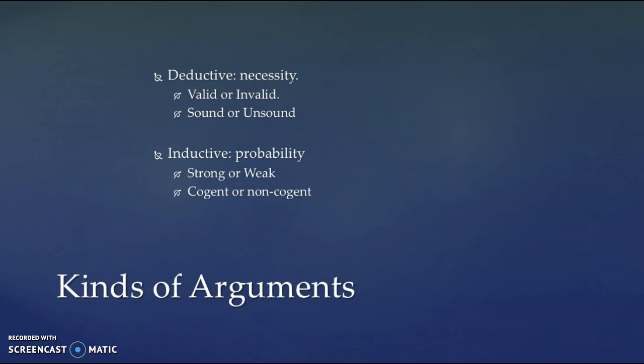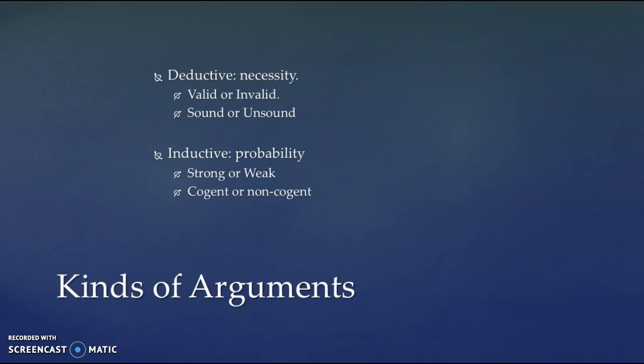Inductive arguments mean that the premises probably support the truth of the conclusion. That is, if the premises are true, then most likely the conclusion is also true. Here we have strong or weak arguments. A strong inductive argument means that there is a high probability of the truth of the conclusion given the premises, and a weak argument is one where the premises give only a weak probability.